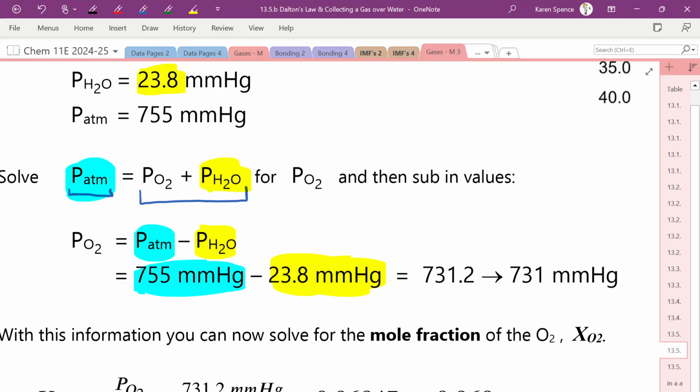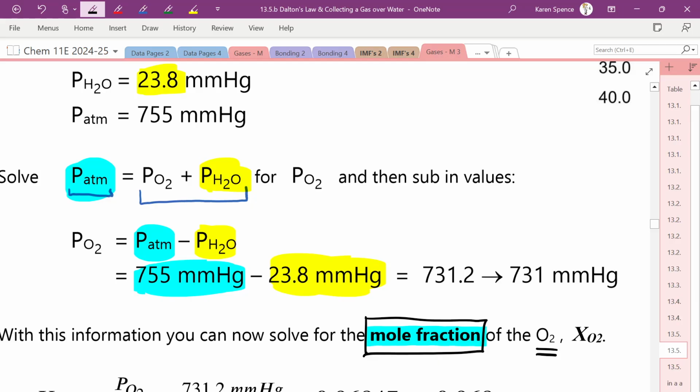Now, they might ask you to solve for the mole fraction. I don't think we've talked about mole fraction, have we? No, okay. It's a really straightforward concept. It's just the fraction of the moles that are O2.